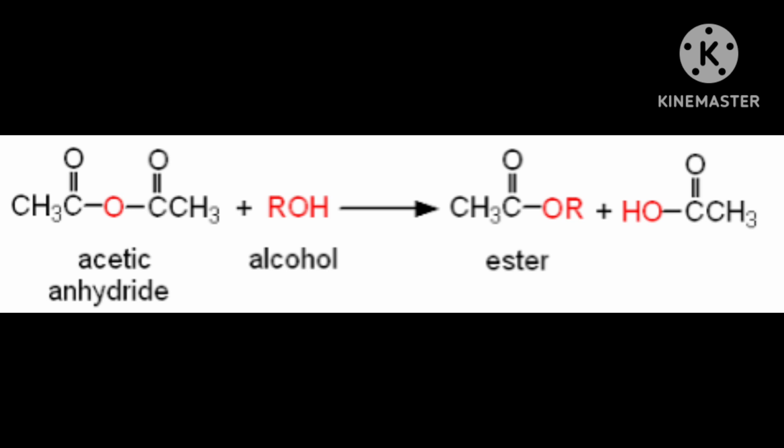So RO joins with the carbon of the second part, and that carbon already had RCO, where in place of CH3 you can write R. After that, O has joined with the carbon which was positive.